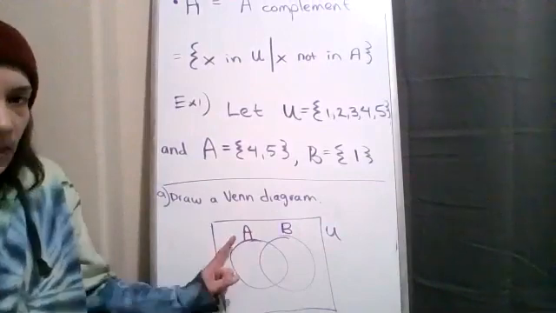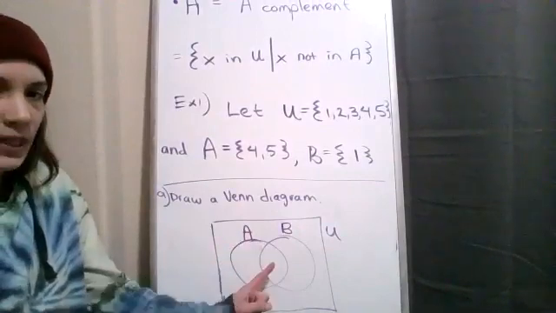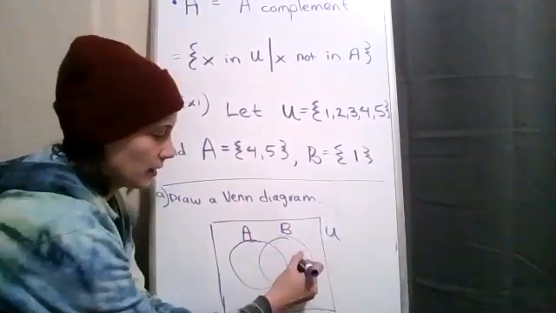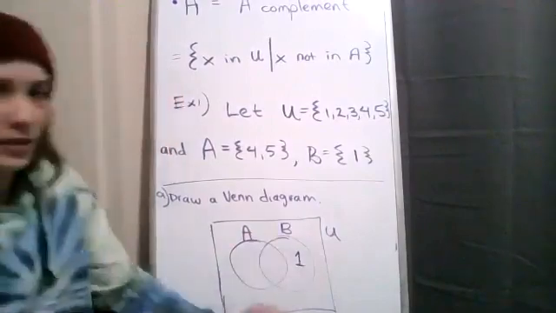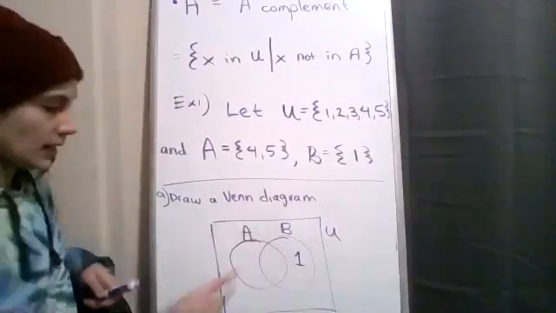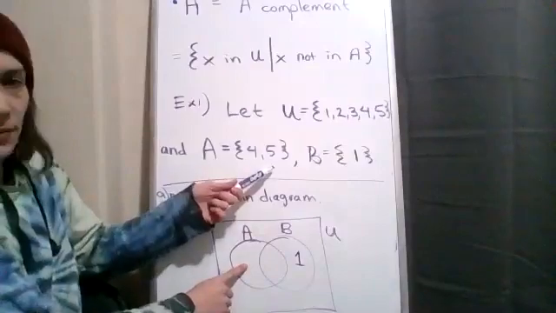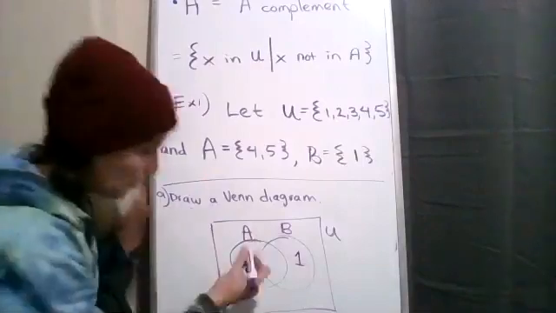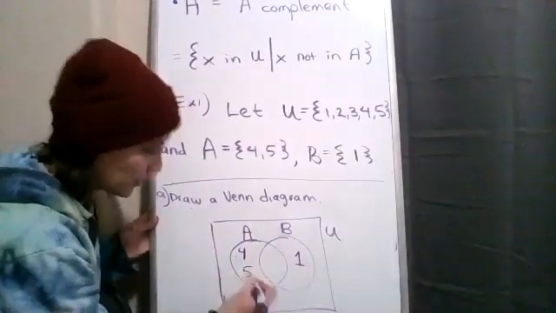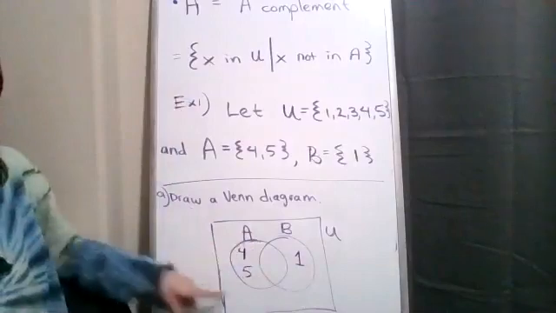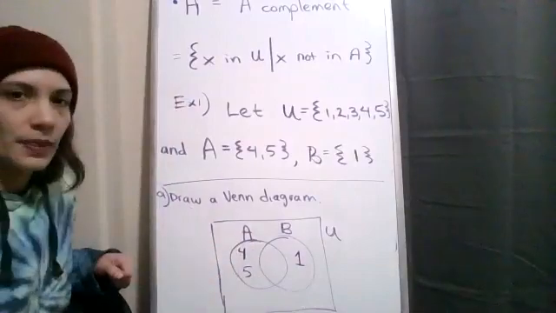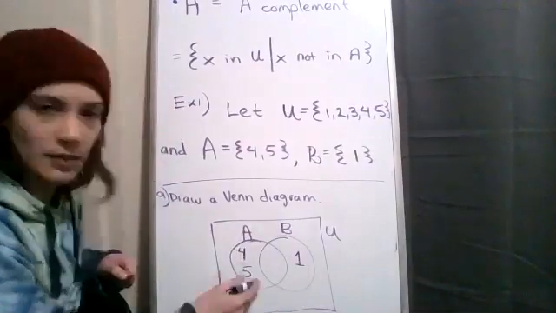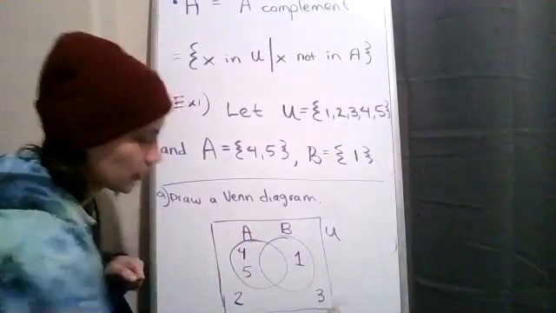Okay, we need the element 1 in set B, but not in set A, so put it over here outside of that set. Okay, set A contains 4 and 5, which means it needs to have 4 outside of set B and 5 outside of set B, but still inside set A. Then don't forget about the other numbers, 2 and 3, you need to put somewhere over here.